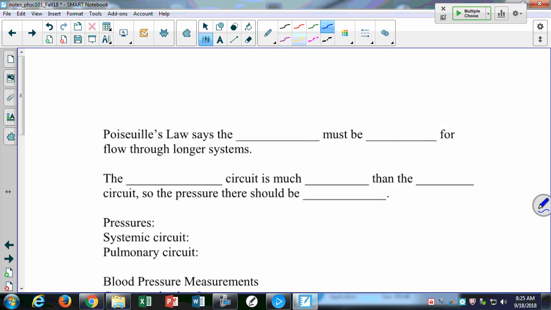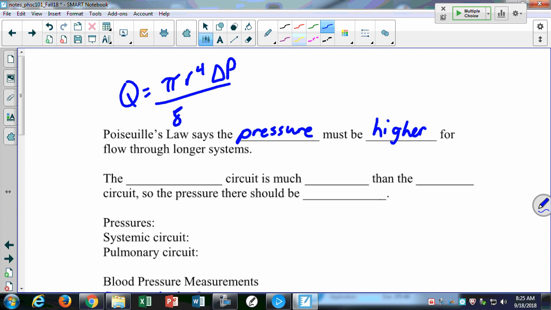All right. So Poiseuille's law says that the pressure must be higher for flow through longer systems. Q is equal to pi r to the 4th delta P over 8 eta L. What we're talking about here is that if L increases, then that means that my change in pressure increases too.